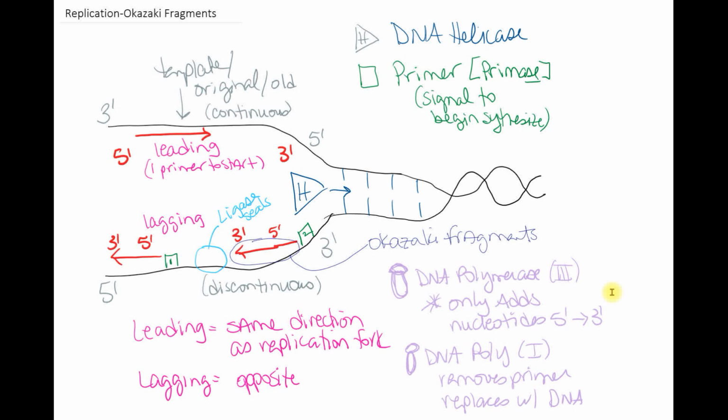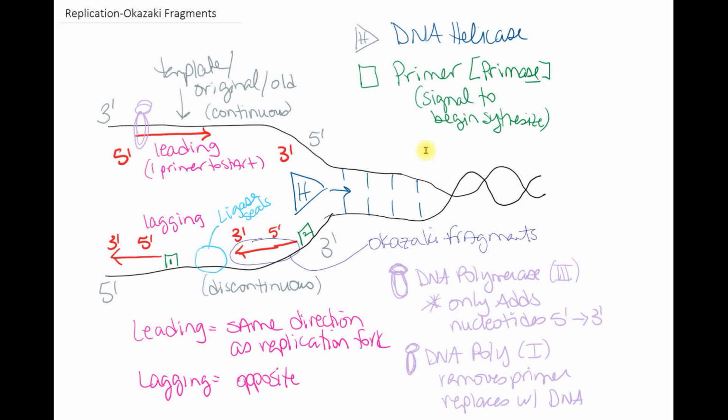This DNA polymerase only builds 5' to 3', and they call that the leading strand. The leading strand will always build in the same direction that the replication fork is unzipping, so it's always going toward the fork. The thing about this one is that it only has to lay down one primer to start building, and then it just keeps going.